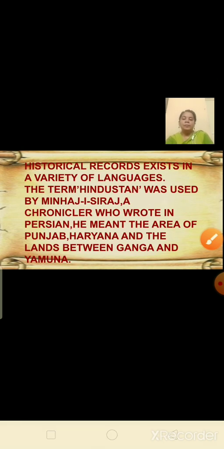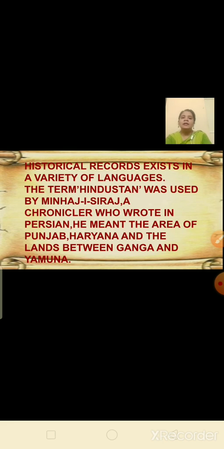Children, historical records exist in a variety of languages which have changed over the period. We all know that the term Hindustan was used by Minhaj-e-Siraj, a chronicler who wrote in Persian in the 13th century, which meant that the areas of Punjab, Haryana and the lands between Ganga and Yamuna.